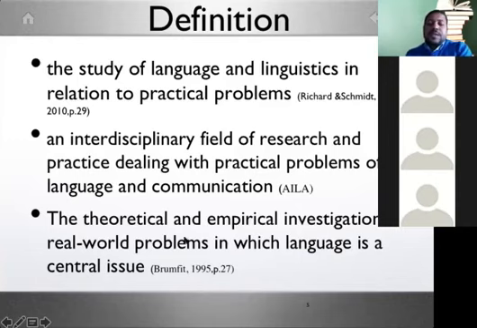Personally, I find this definition more comprehensive, and I always advise my students, if they want to memorize the definition, which they don't need to do, this is the definition which encompasses probably the gist and the essence of applied linguistics. It's a theoretical and empirical investigation of real world problems in which language is a central issue.